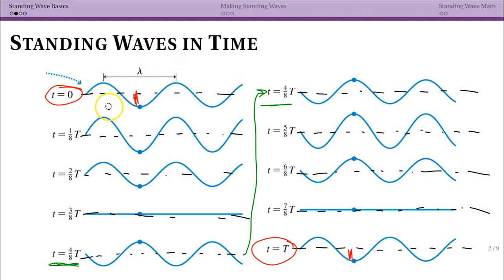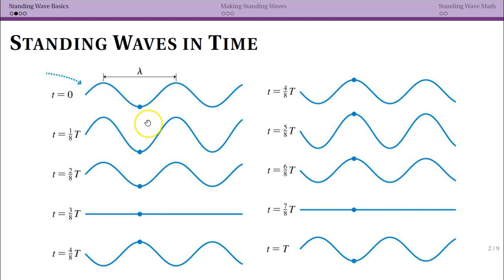Now be careful because again our wavelength needs to be from peak to peak, and the wavelength is preserved. So in a standing wave, the locations of our peaks don't change, so the spacing of our peaks don't change. So individual points are still going up and down. And when we watch, in this case, a maximum, we don't see the maximum going to the right or the left at all. So this is the idea of a standing wave.